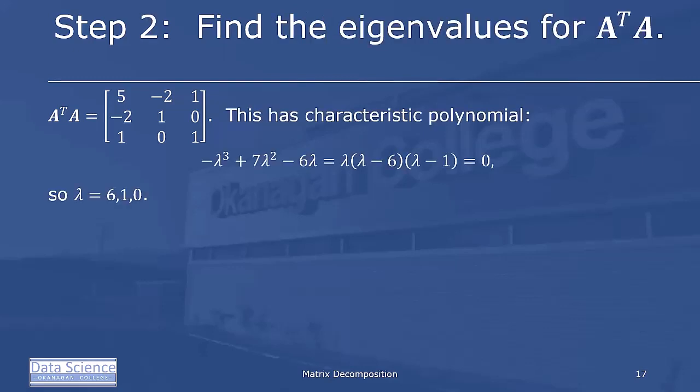When we look at the characteristic polynomial, we get negative lambda cubed plus 7 lambda squared minus 6 lambda, which factors to lambda times lambda minus 6 times lambda minus 1 equals 0, which gives us 3 eigenvalues, 6, 1, and 0.